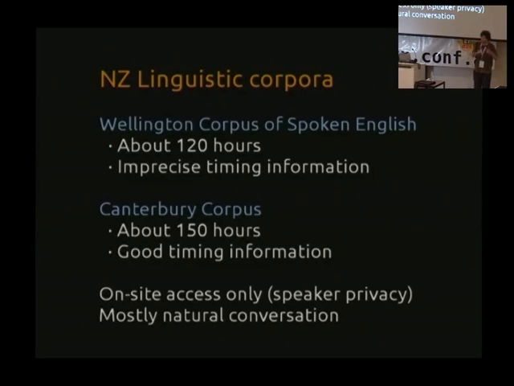So when you're trying to split up the audio and the transcript into these 10-second snippets, you can't do it without recognizing speech, and then you're in a bit of a vicious cycle. But the Canterbury one, they wrote software and transcribed it using the software, so they've got exact timing, or pretty good.